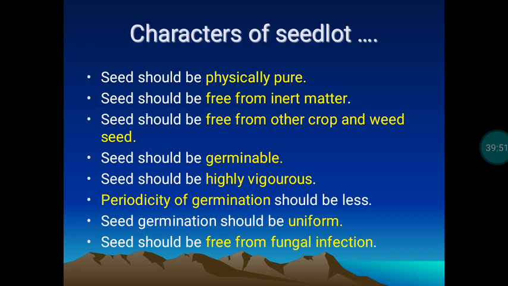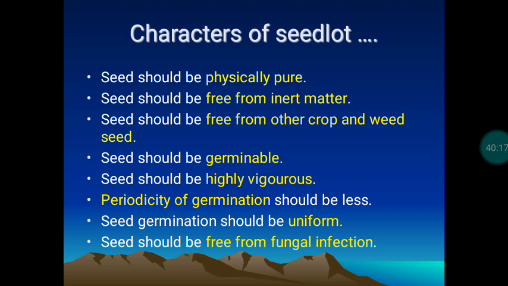The place of survival may be the embryo in the case of monocots, whereas in dicots both the primary embryonic axis and cotyledons are living. So in all these places we can expect the presence of the virus. The seed should be free from pathogens, or otherwise your seed itself will act as a carrier of pathogens from one location to another.